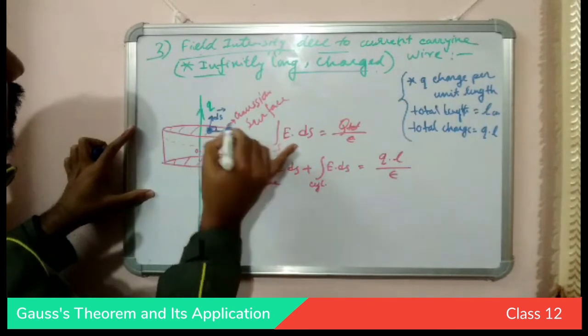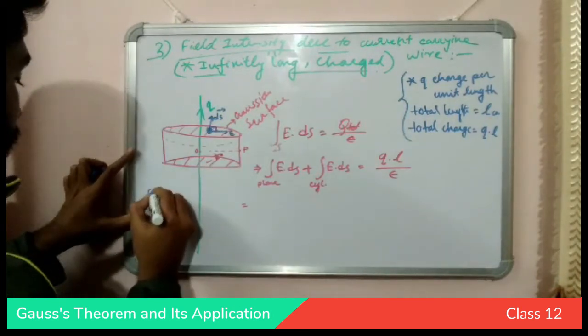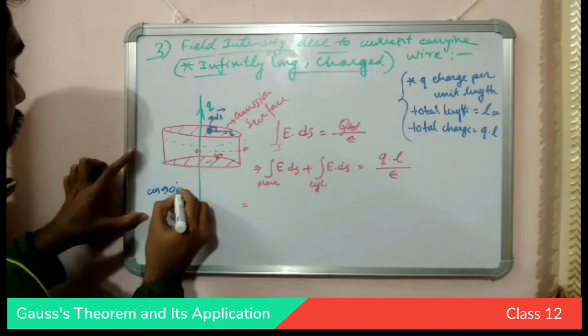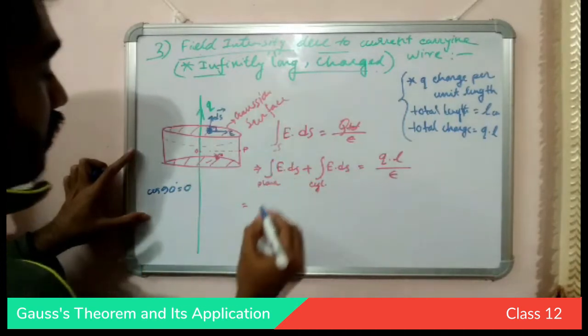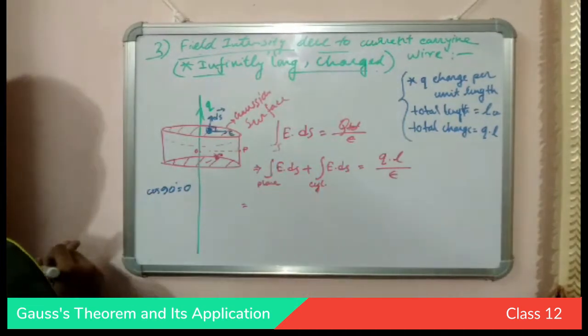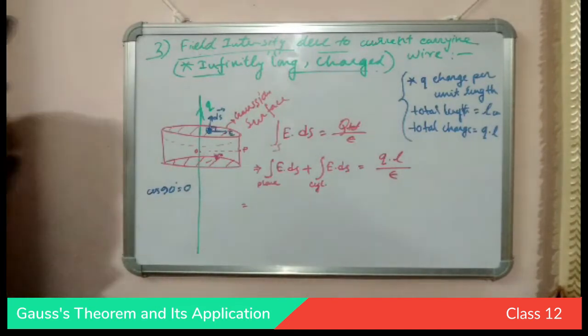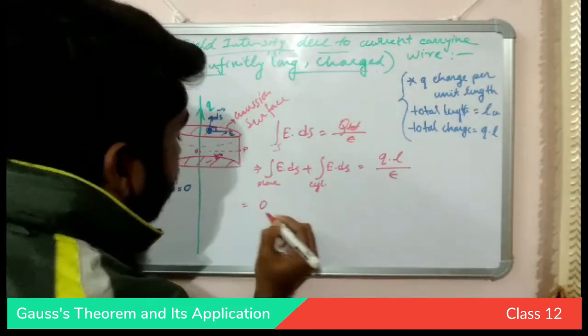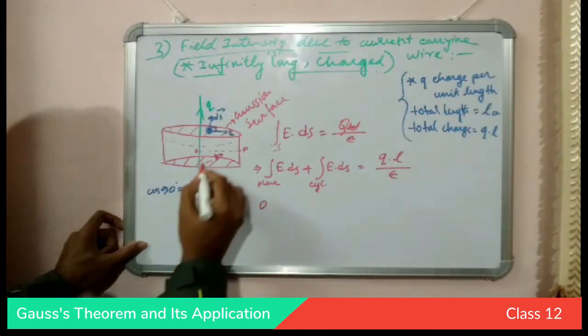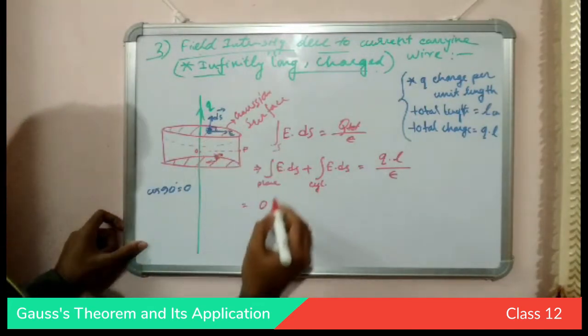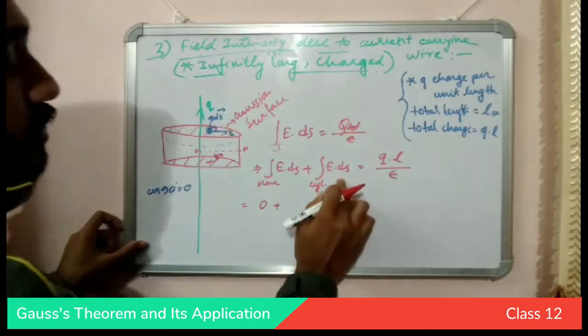So the angle between them is 90 degree, and cos 90 degree is equal to 0. So this will become 0 for the two planes, this and this.